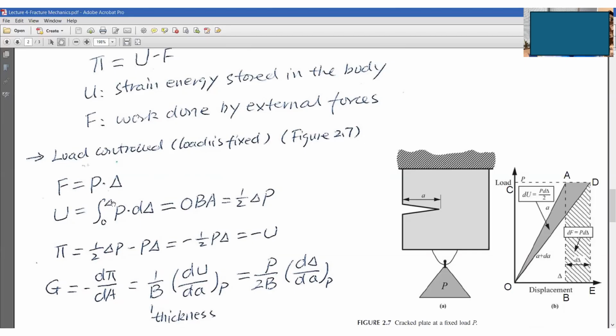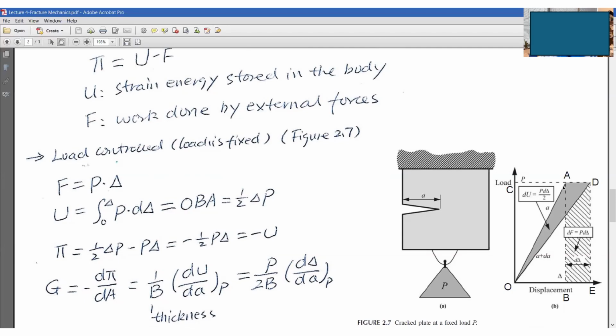Do you understand, guys? Okay, so this equals the integral of P d delta from 0 to delta.